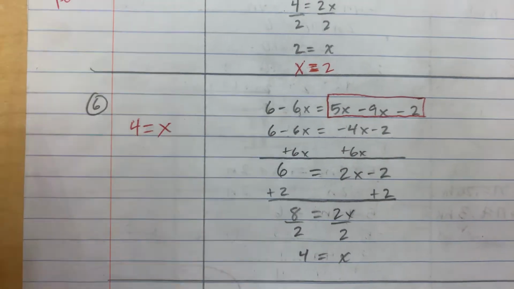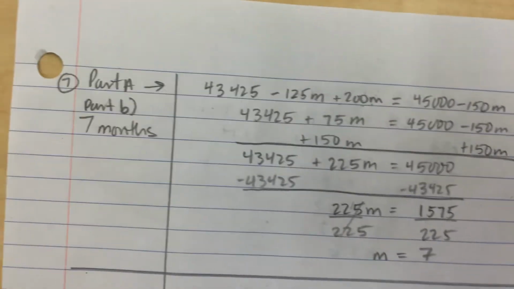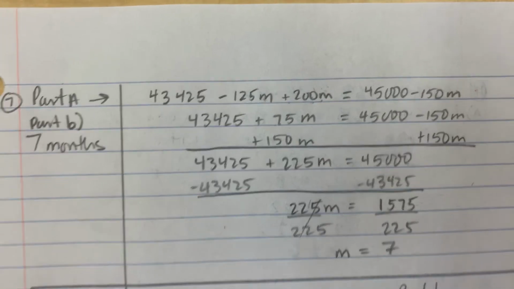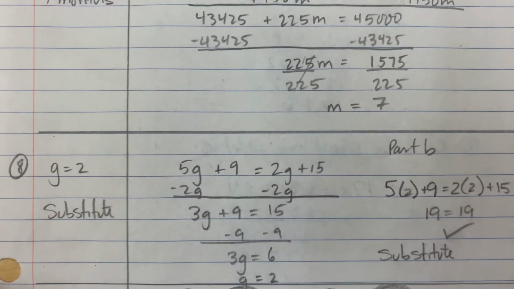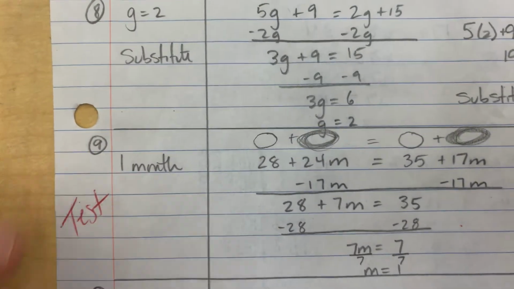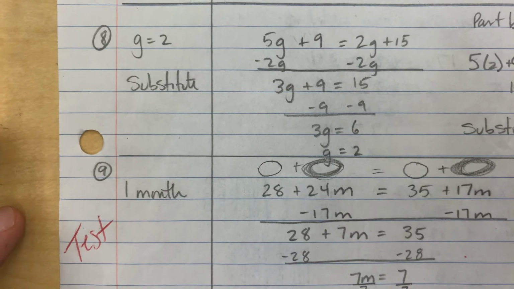Number 6. You also have to simplify that red box. Number 7. Number 8. Number 9, hopefully you recognize those circles, what those circles mean.